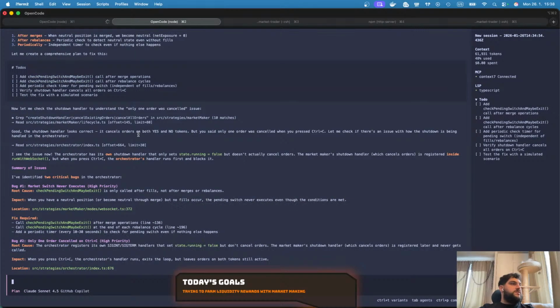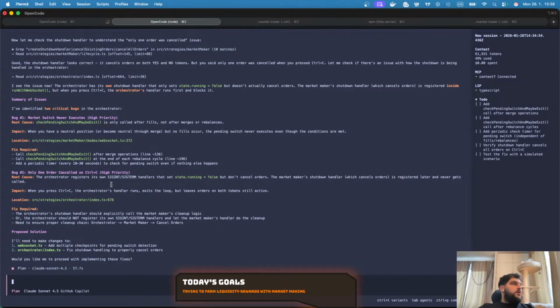Let's take a look at the second one. See the issue now: the orchestrator has its own shutdown handler that only sets state running to false, but doesn't actually cancel orders. The market maker's shutdown handler, which cancels orders, is registered inside run with WebSocket, but when you press Ctrl C, the orchestrator's handler runs first and blocks it.